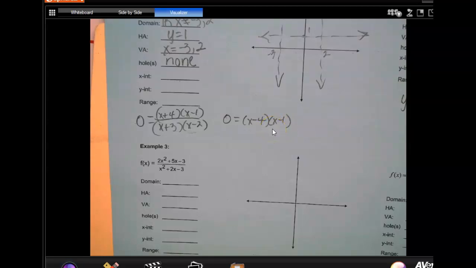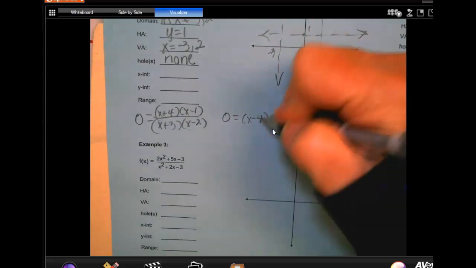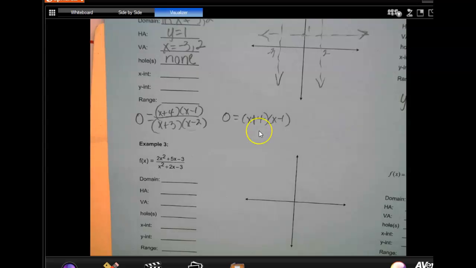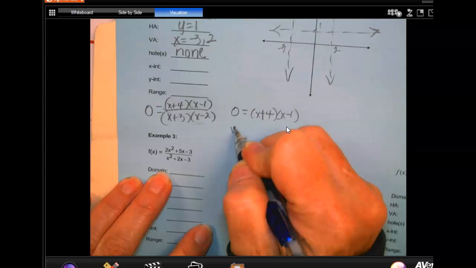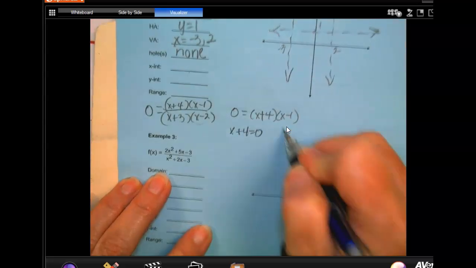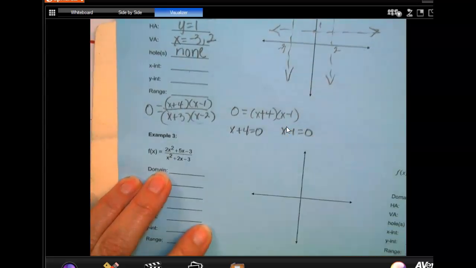So x plus 4 equals 0 and x minus 1 equals 0.